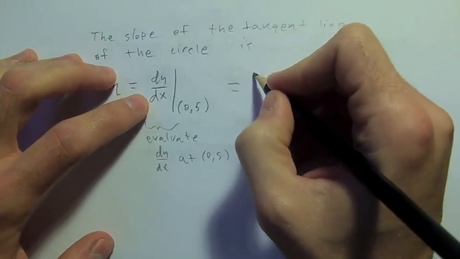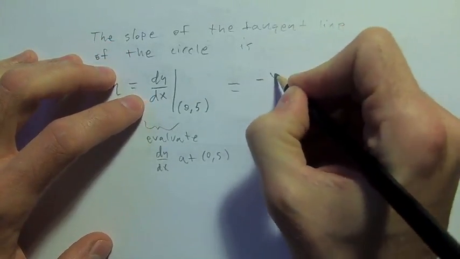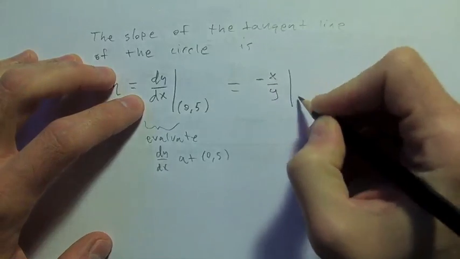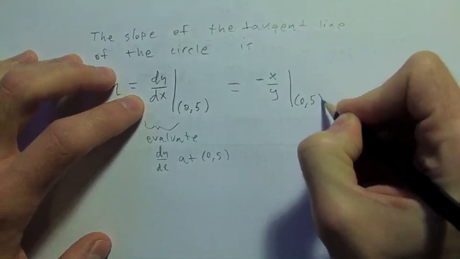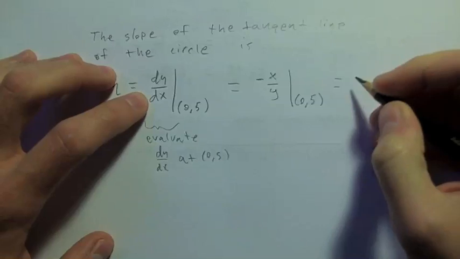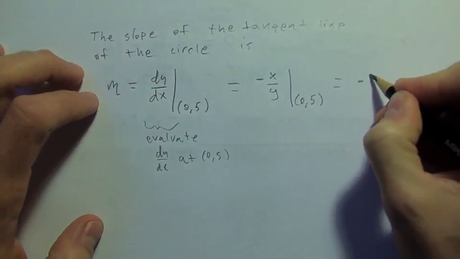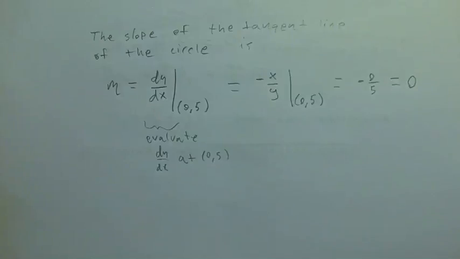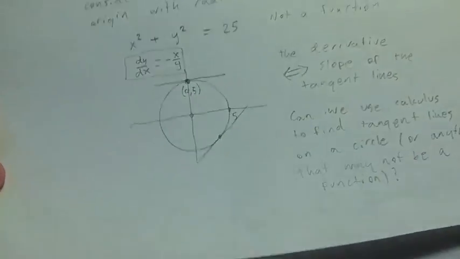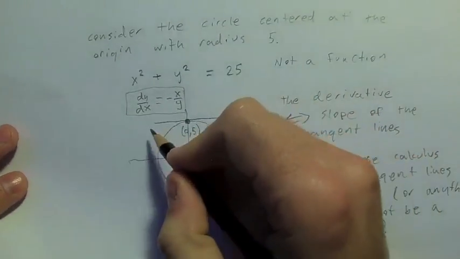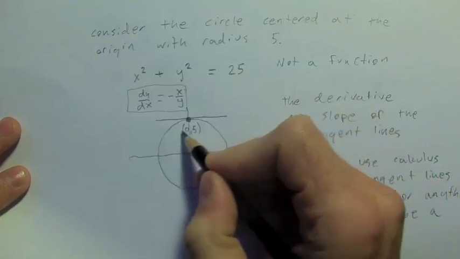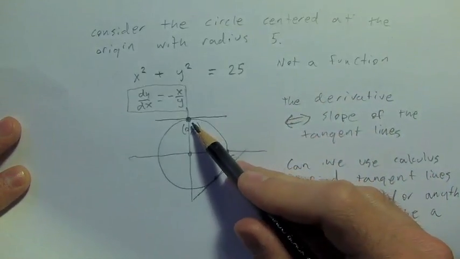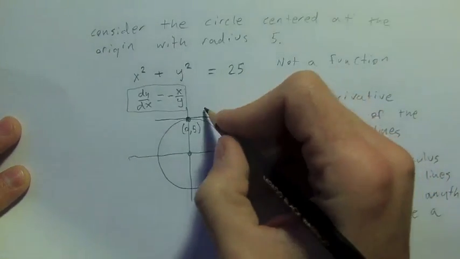So remember, the derivative was actually negative x over y. So I evaluate that at 0, 5, and plugging 0 in for x, 5 in for y, we get 0. Now this actually matches what we have here, because the circle has a horizontal tangent line at the point 0, 5.